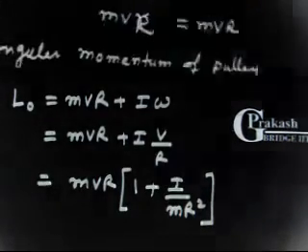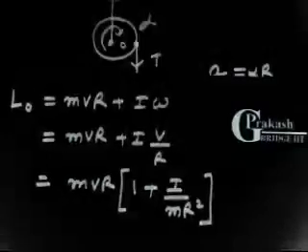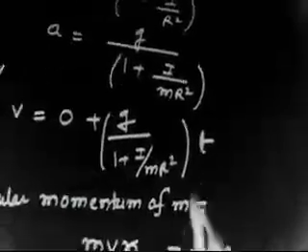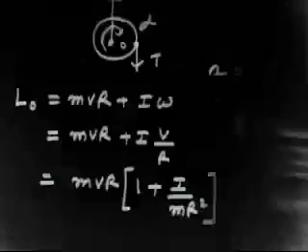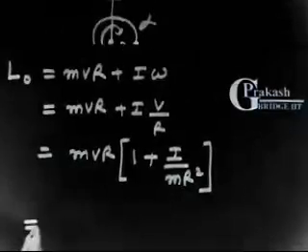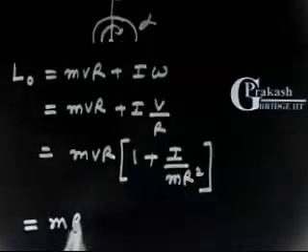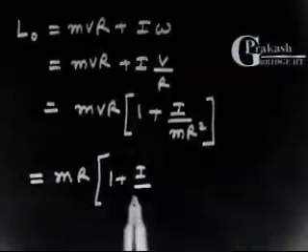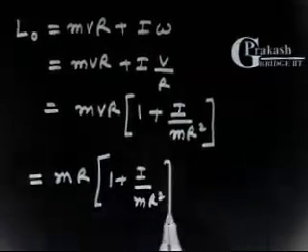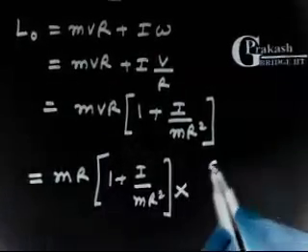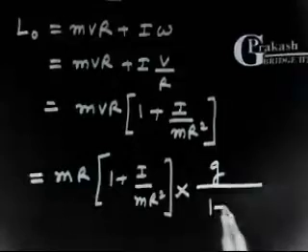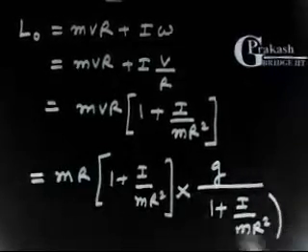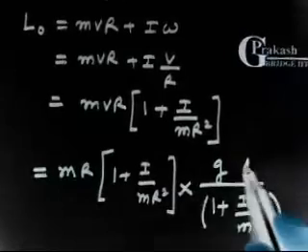Now the velocity is given by the expression, first equation you see here. I have already solved for velocity. Velocity is given by g divided by 1 plus I by mR square into t. If I plug this value, I will have mR into 1 plus I by mR square, multiplied by velocity, and velocity I have g divided by 1 plus I by mR square, and on the top we will have time also.